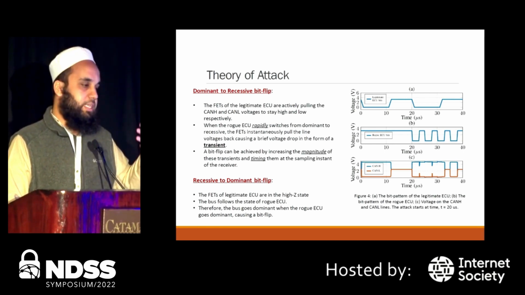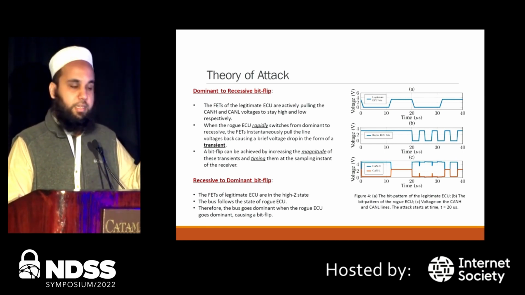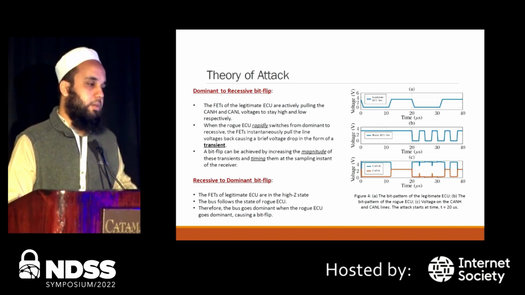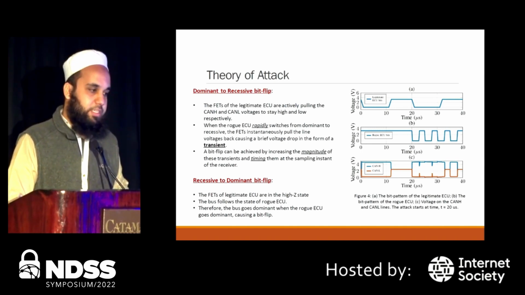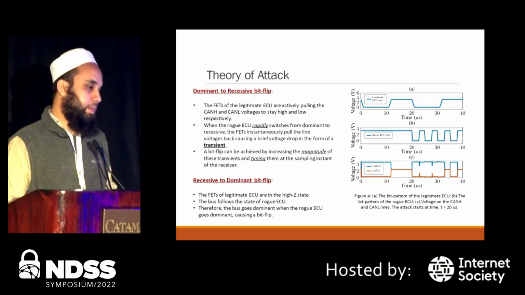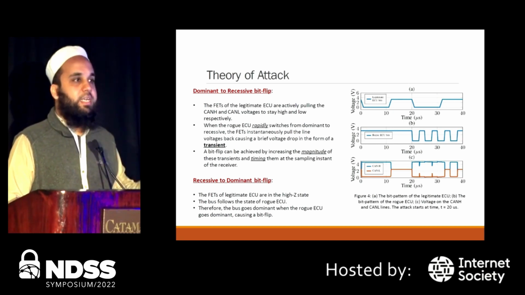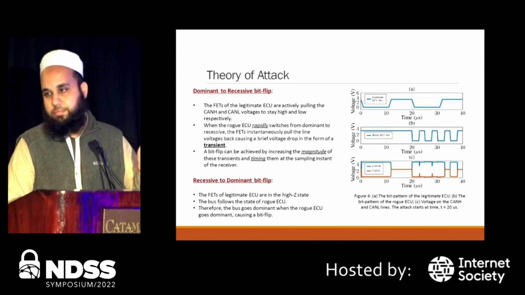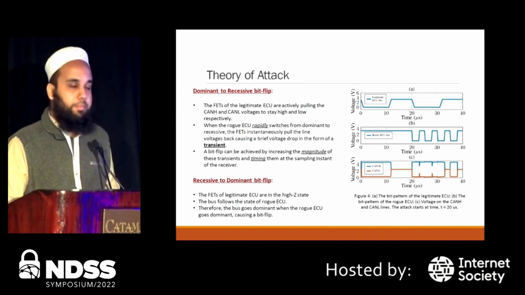This is because the FETs are on during dominant, and they actively pull the line back when the other ECUs try to bring it down. This causes a transient. We seek to exploit these transients. We would like to increase their magnitude and time them so that they come when the receiver samples the bit.